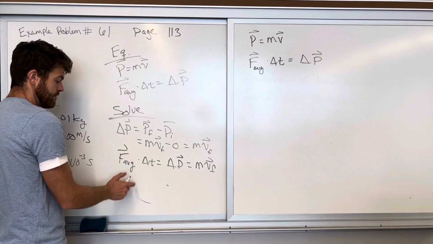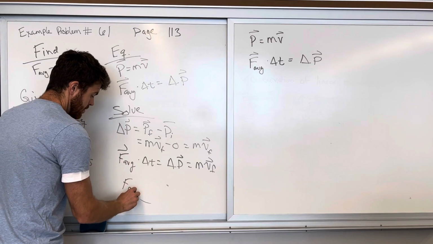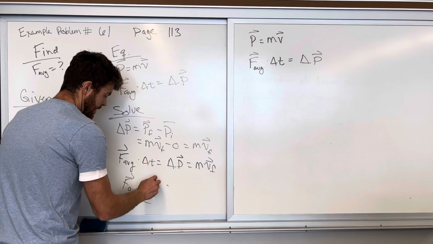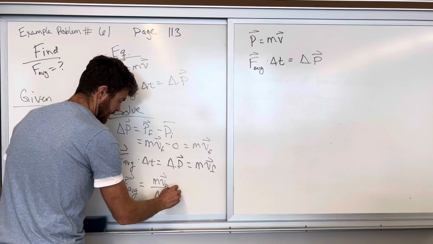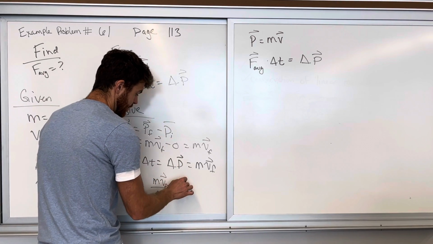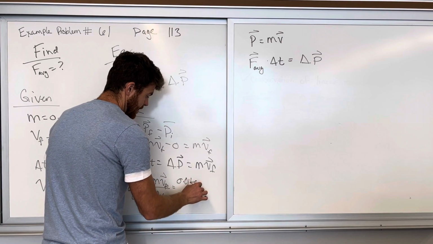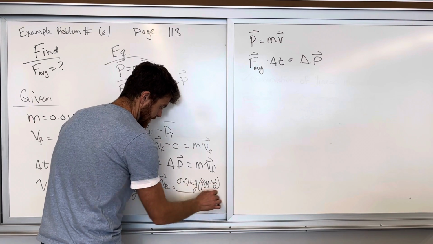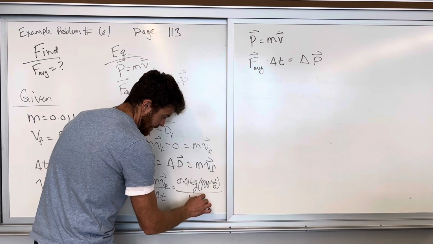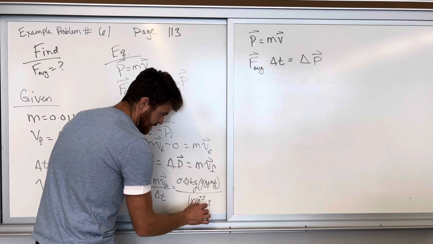Solving for average force, you get m times final velocity divided by delta t, which equals 0.01 kilograms times 900 meters per second, divided by 1 times 10 to the negative third seconds.